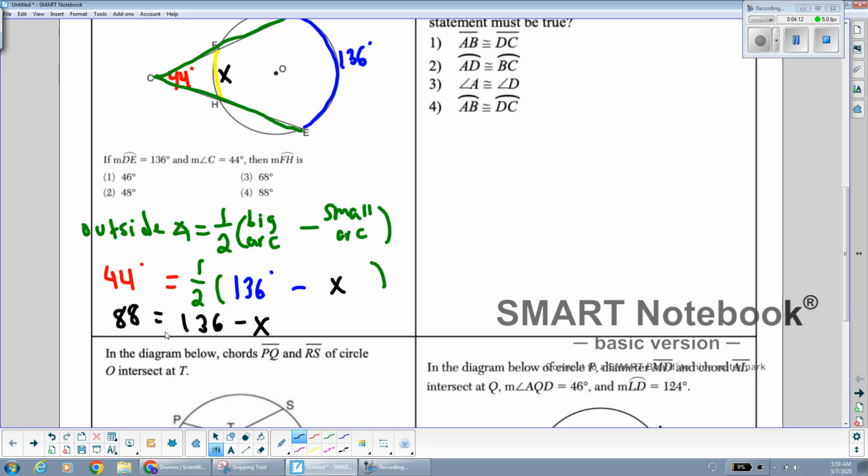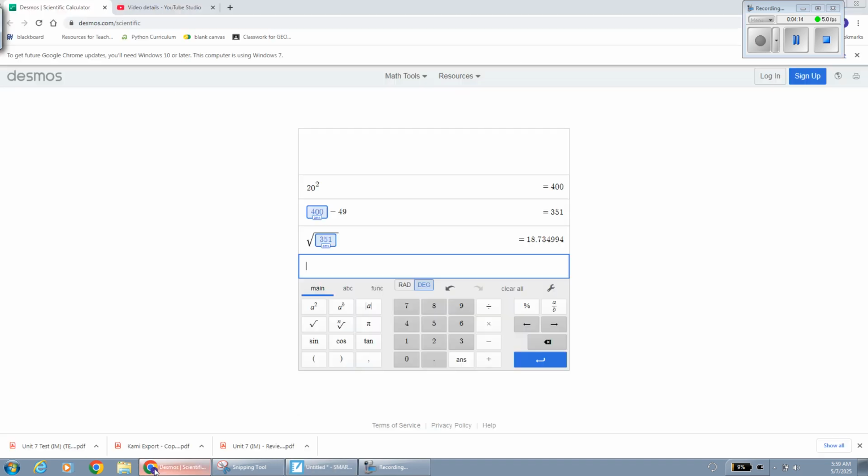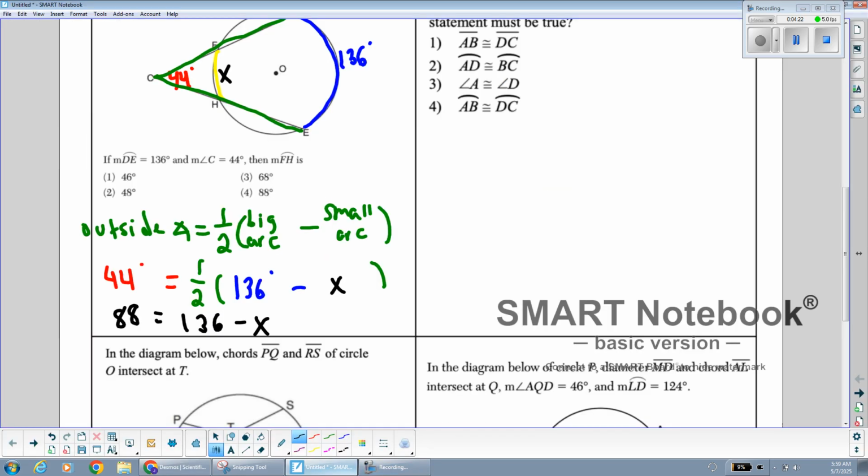I'm going to subtract 136 from both sides. And that's negative 48. I'm just going to come over to the side here because I ran out of space. And then to get the x by itself, we'll just divide by negative 1. And we have x is equal to 48.